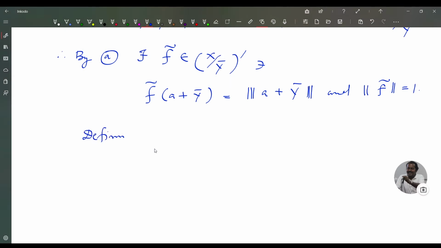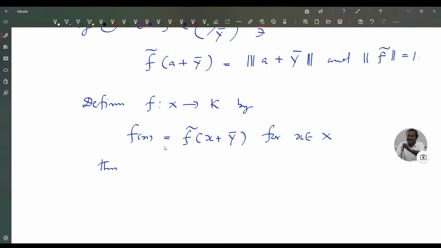Define f from X to K by f of x equal to f tilde of x plus Y closure for x in X. Then f equals 0 on Y, and f of a equals the quotient norm of a plus Y closure.